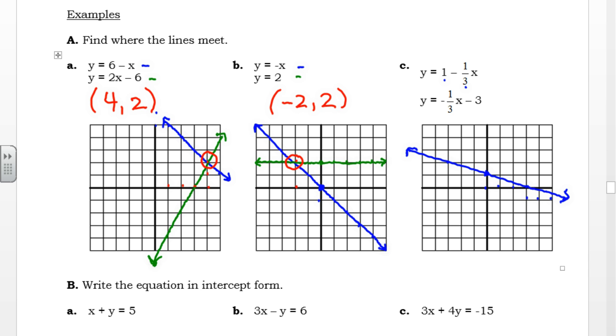My next equation has an intercept of -3 and then a slope of -1/3. So I don't know if you noticed right away, I kind of do. Those lines have the same slope. And we should know right away that two lines of the same slope will be parallel. This is no solution.